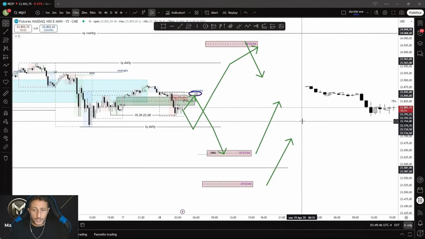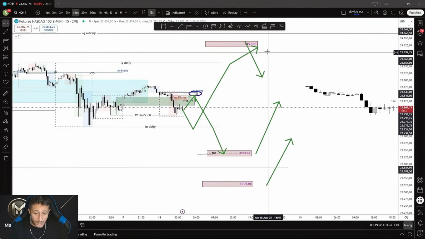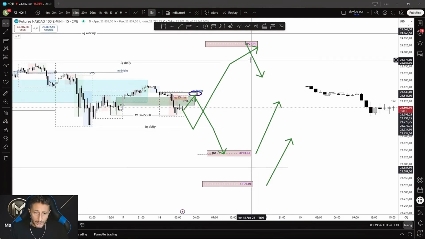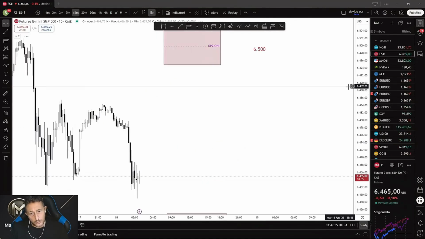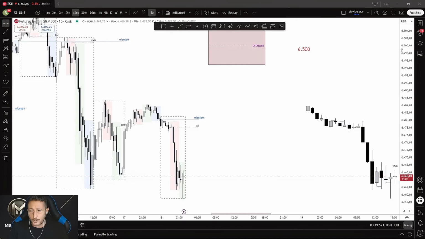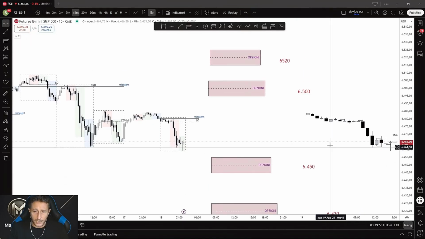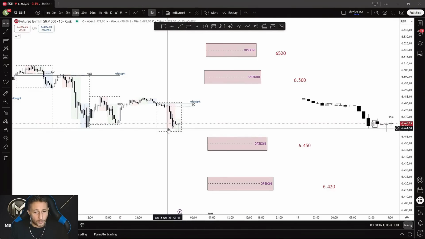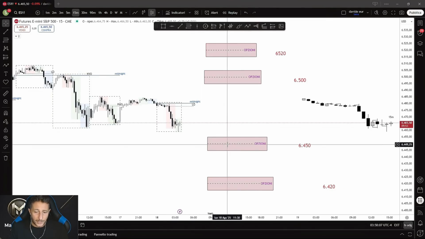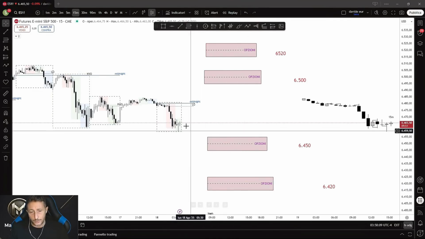Now that we've finished with the option zones for Nasdaq as well, I'm going to show you the option zones for the S&P. Why am I showing them to you? I'm showing them to you because they're quite important, since many times it's the Nasdaq or the S&P that leads, so we could actually see some reactions in the option zones.